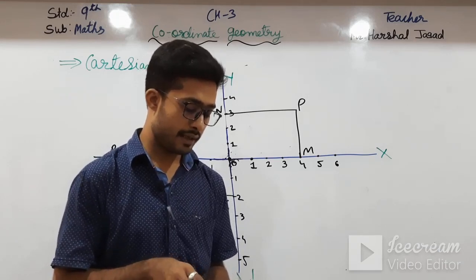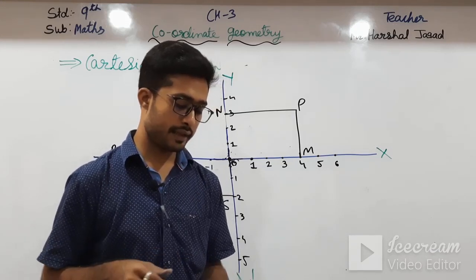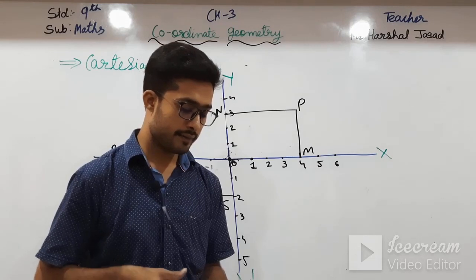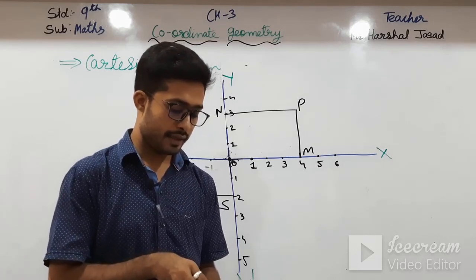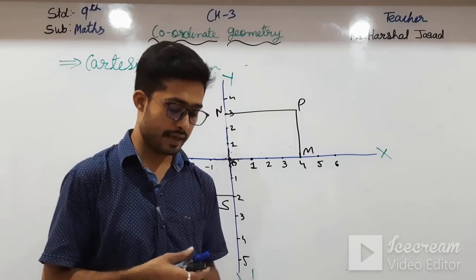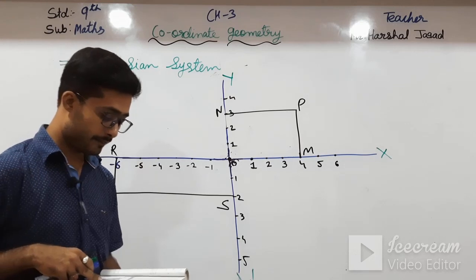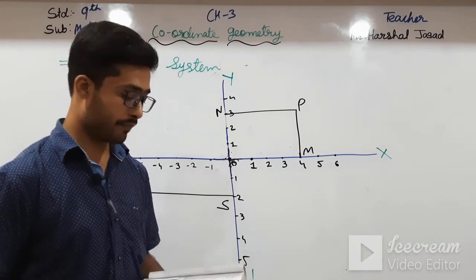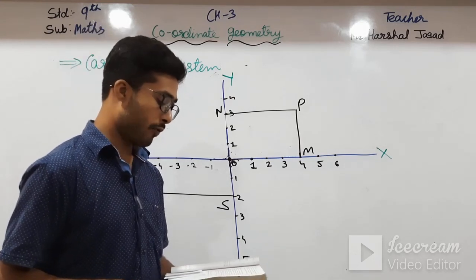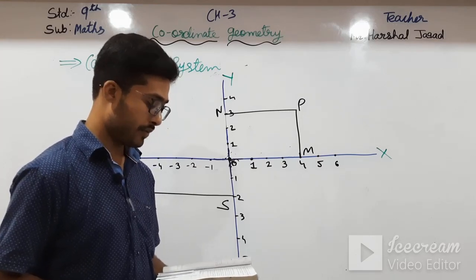In writing the coordinates of points in the coordinate plane, the x coordinate comes first and then the y coordinate. We place the coordinates in brackets, hence the coordinates of P are (4, 3) and the coordinates of Q are (-6, -2).